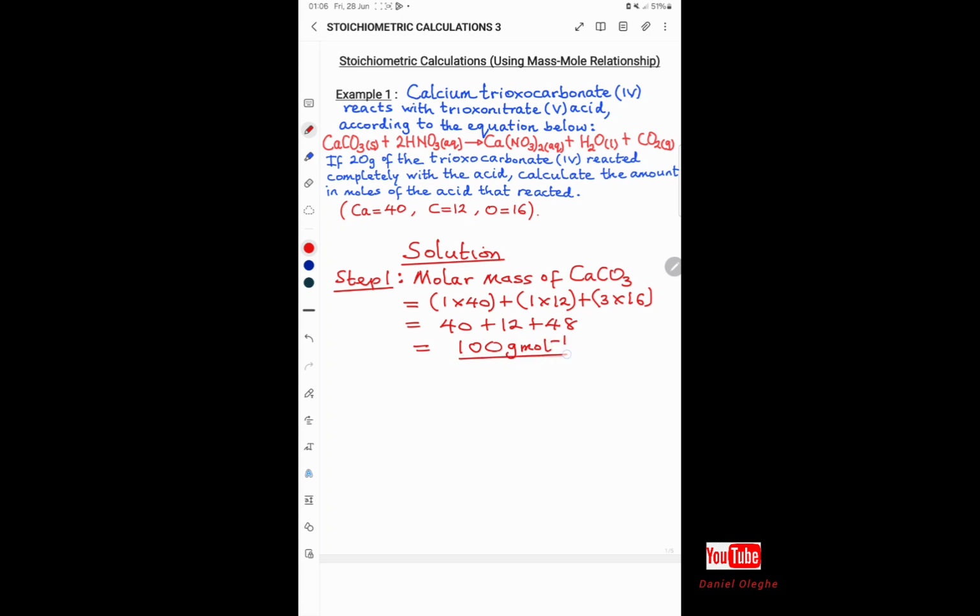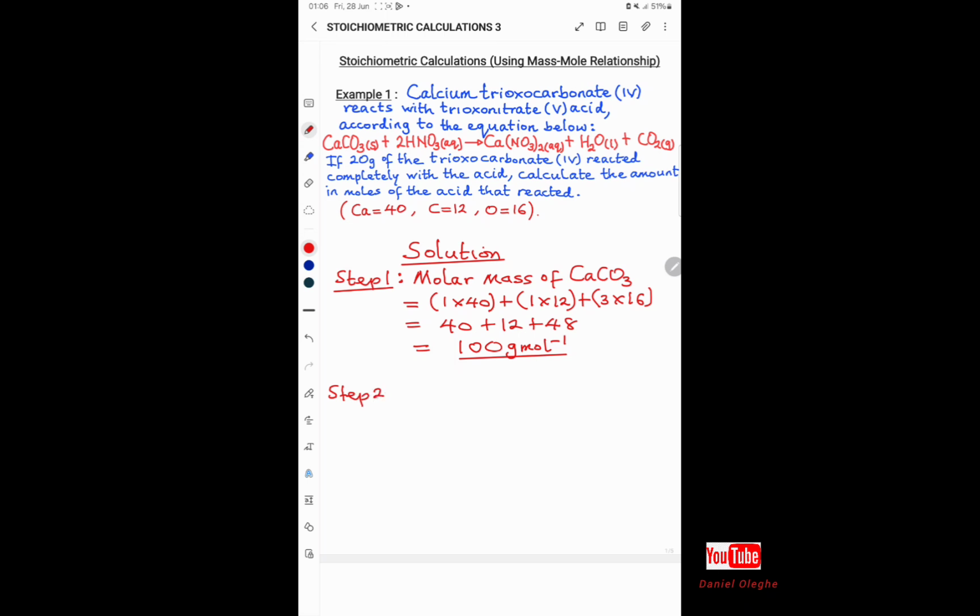Calculate the molar mass. Don't forget, we are using mass to mole relationship. We want to calculate the amount of the acid in mole that 20 grams of the trioxocarbonate(IV) would completely react with. So the first thing that you have to do is to calculate the molar mass of calcium trioxocarbonate(IV). Then we move to step 2.